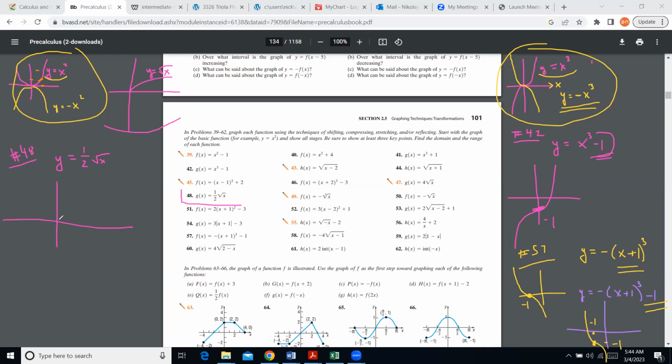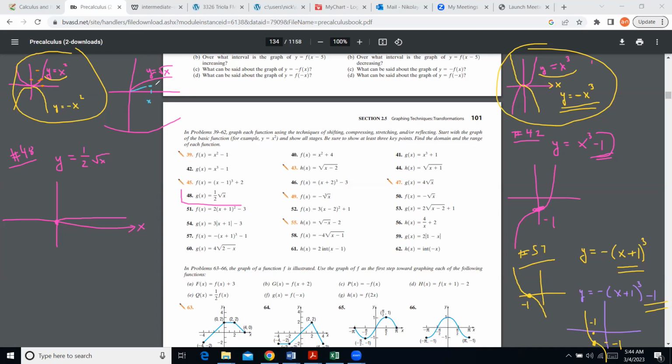And now, since it's multiplied by 1/2, it's going to be closer to my x-axis by a factor of two. So the graph is going to be a similar shape to what we have above, but since I took 1/2, then for every value of x, my y coordinate is going to be twice smaller.